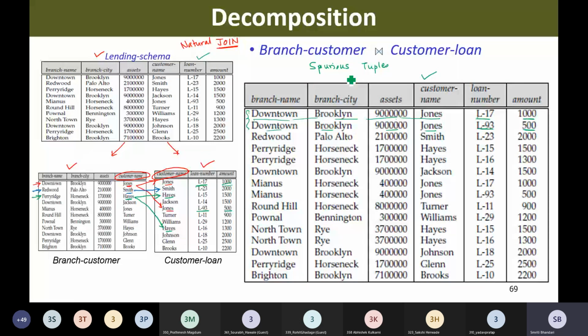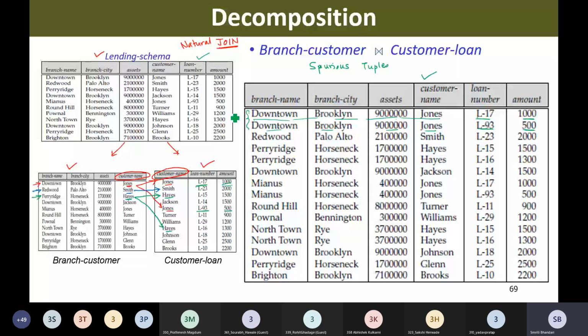If I compare this original data with the output of this natural join, then I find that a few of the tuples are not actually valid tuples.